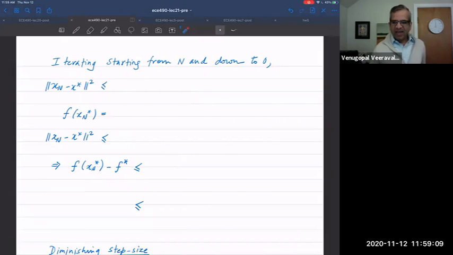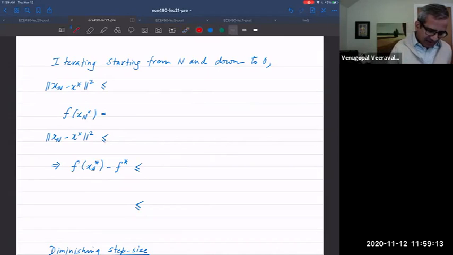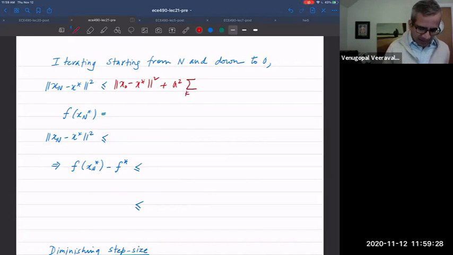So let's iterate from n going down all the way to 0. If we did that, you get xn minus x star squared is x0 minus x star squared. This will start to look a little bit like what we had last time. But then instead, on the right-hand side, we'll have a squared times the summation from k equal to 0 to n minus 1 alpha k squared.